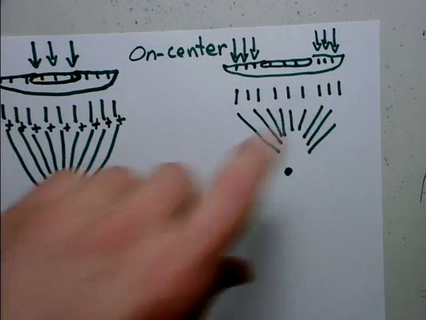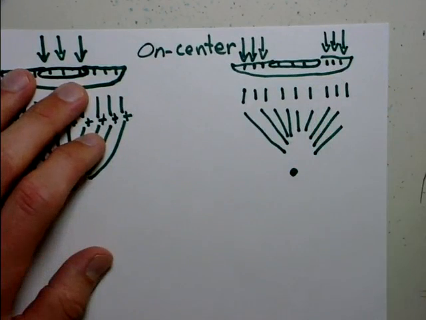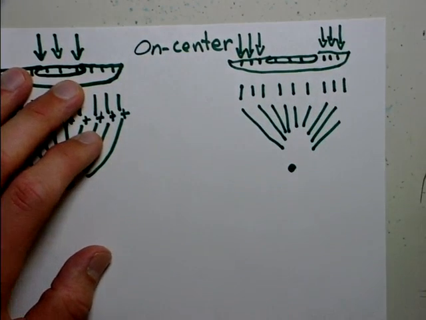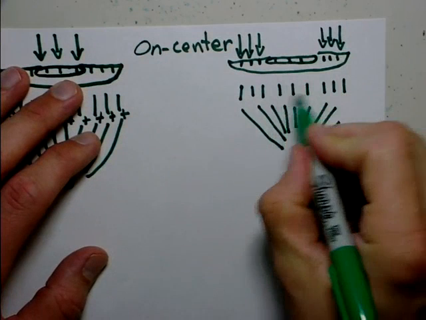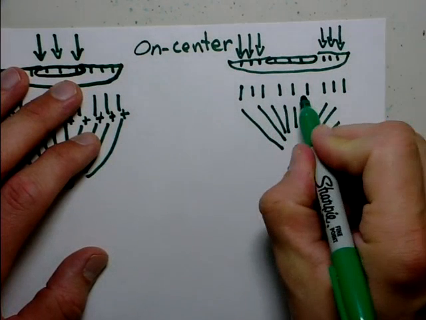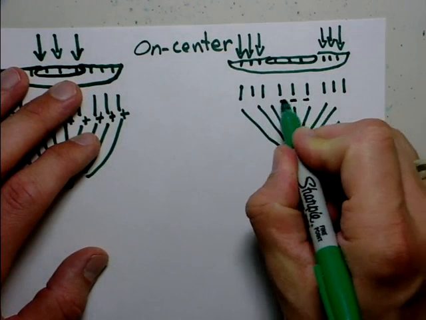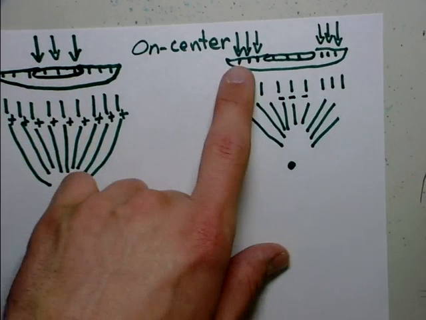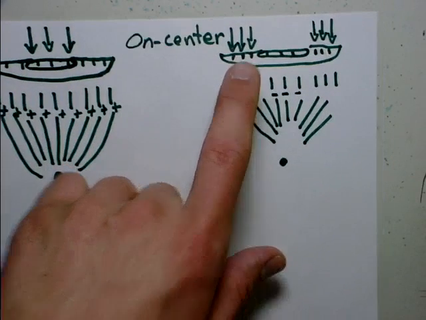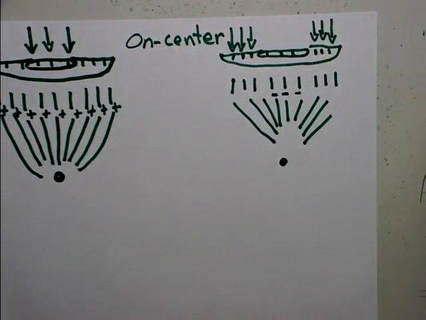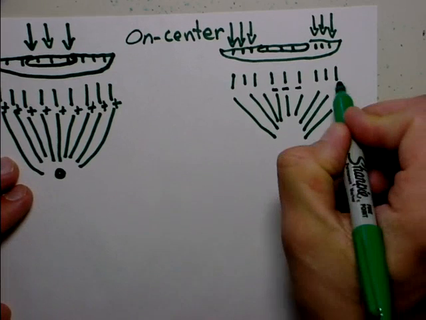Are you with me? When they're off, they're sending inhibitory signals. So, what kind of signal are these three sending? Inhibitory. Now, these are normally on in the dark, but there's light on them now. So they're off, so they'll be inhibitory too. Exactly.